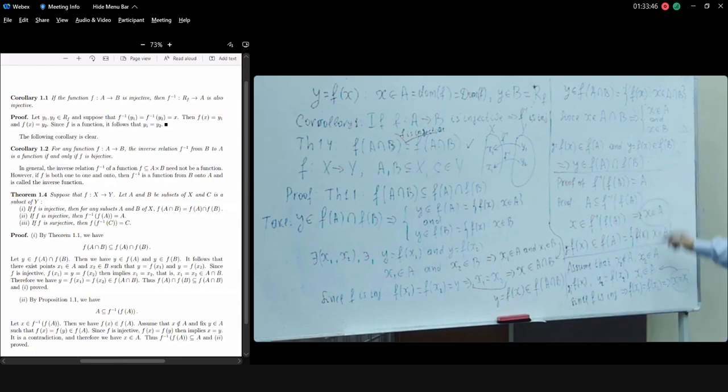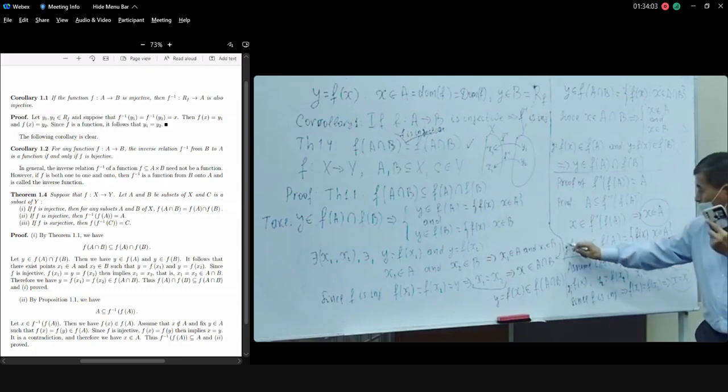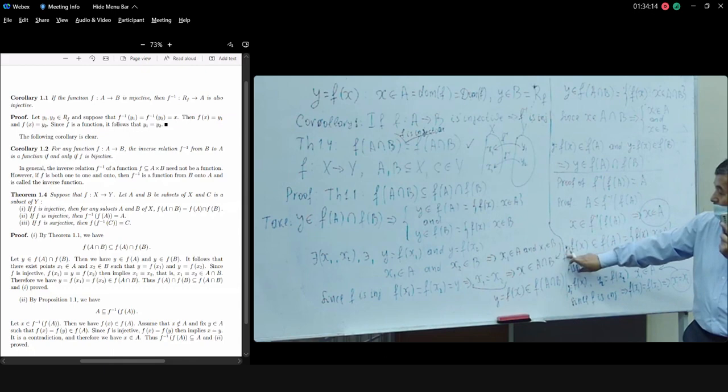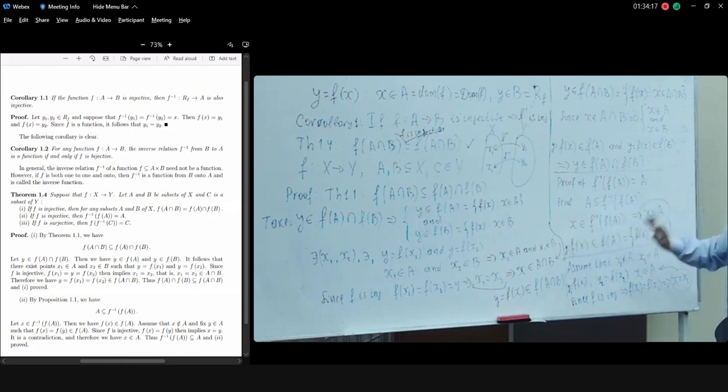You see, if I say x1 does not belong to A, but because of injectivity, we have shown that it must belong to A. Now from this relationship, when I act f minus 1 on y, I will get an element of x, right?